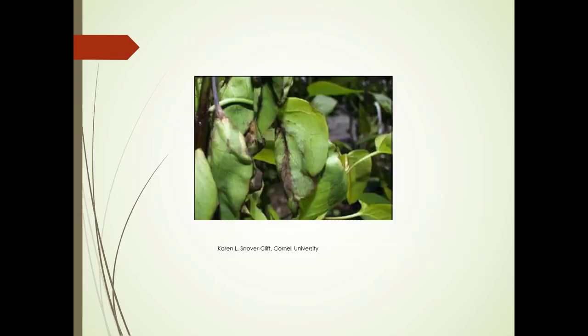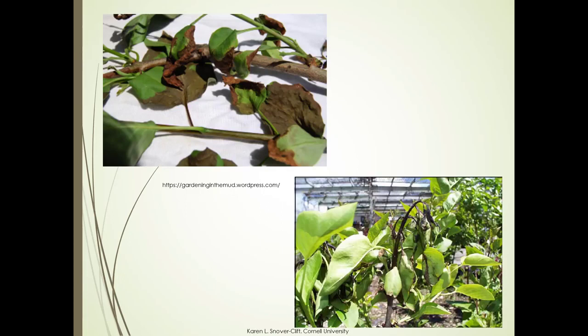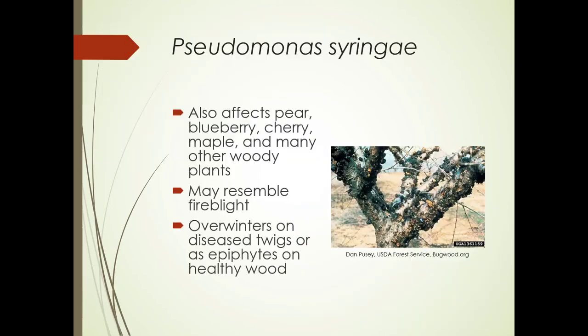So here's some advanced damage here. Here's some more damage, and you can see this kind of shepherd's crook. That's one indicator of Pseudomonas on that lower picture. It also affects pear, blueberries, cherries, maples, and many other woody plants.